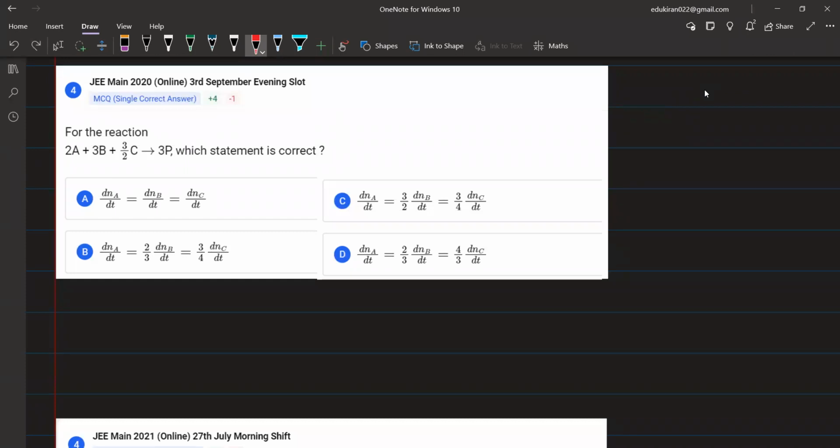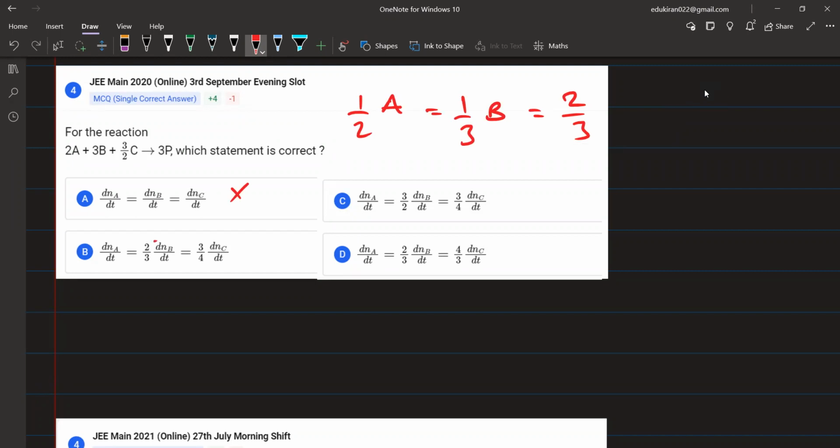Okay, we will see. Yes, sir, D. Okay. So for A, it will be 1 by 2. It will be equal to 1 by 3 into B. This will be equal to dA upon dB. I'm talking about the concentration just to make things easy. And for C, it will be 1 upon 3 by 2. That means it will be 2 by 3. So this is not the correct option.